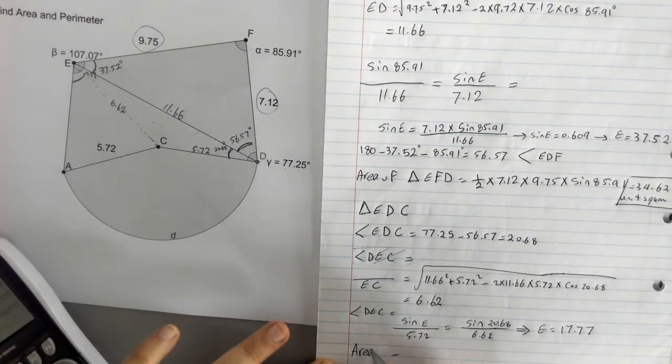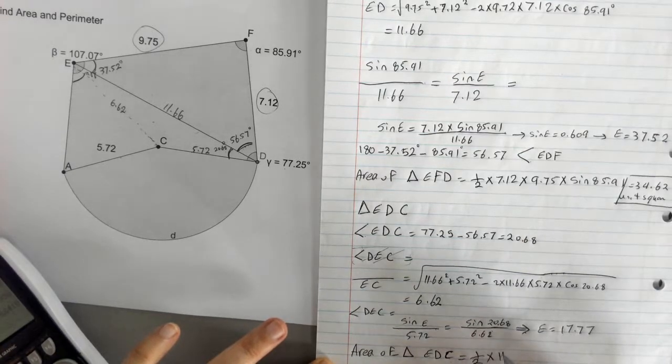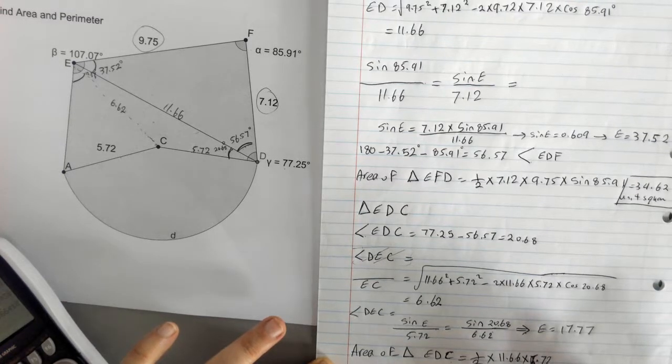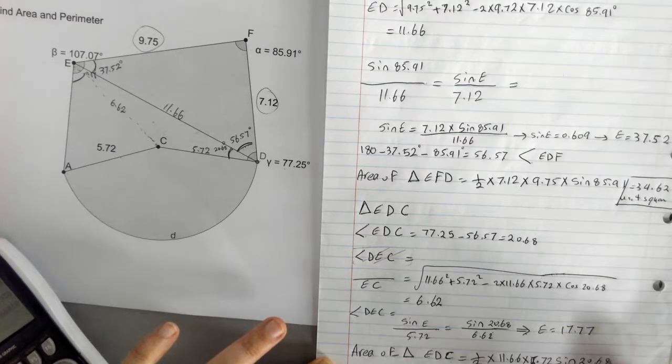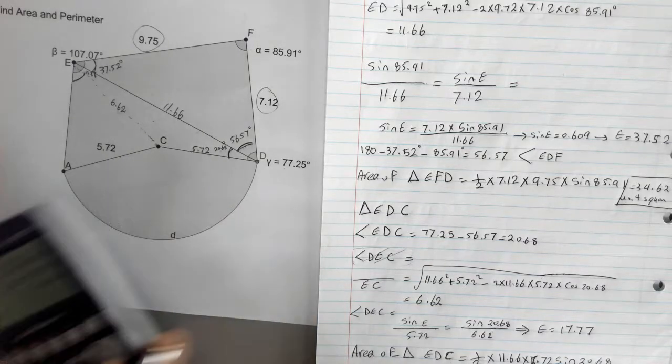Now I'll calculate the area of triangle EDC, and that equals half times 11.66 times 5.72 times sine 20.68, because that's the side that I haven't used, so I'm going to use the angle opposite to that.